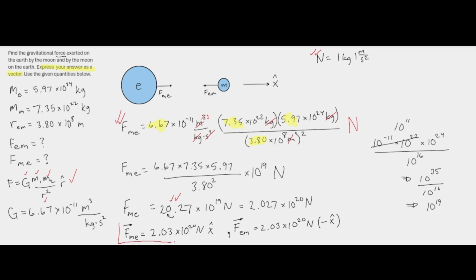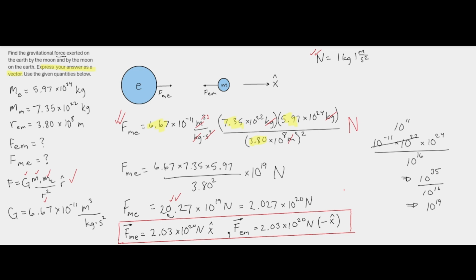And what does that mean? The Earth and the Moon are obviously different masses. The Moon is much, much smaller than the Earth, but the forces are the same. Just like we learned when we were introduced to Newton's third law, if you're driving down the highway in a large vehicle and you hit a mosquito, the force of the mosquito hitting your windshield and the car hitting the mosquito is the same.